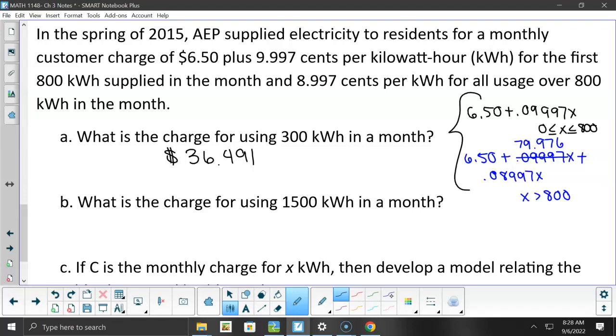All right, 1,500 kilowatts. Which formula am I using? Black or blue? All right, so 6.50 plus, and because I'm lazy, I'm just going to plug in the 79.967 because I've used over that. All right, now, one thing I would like to point out is this last one. It's only for usage over 800.